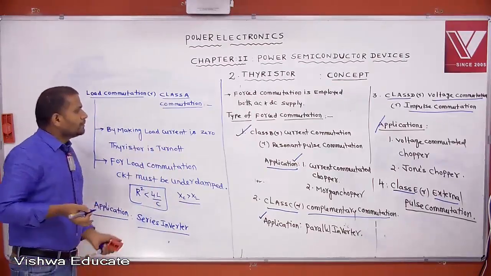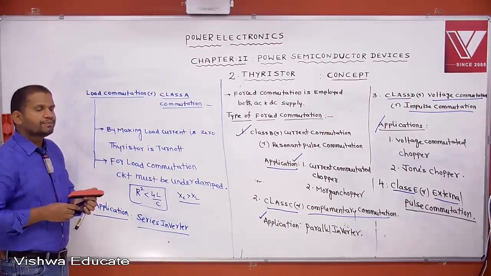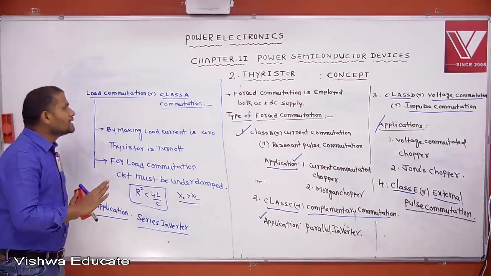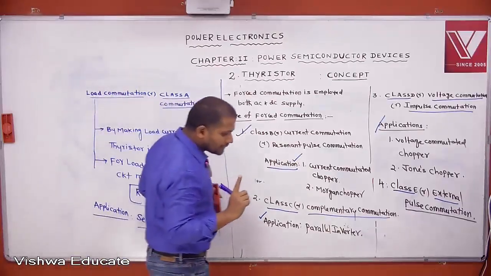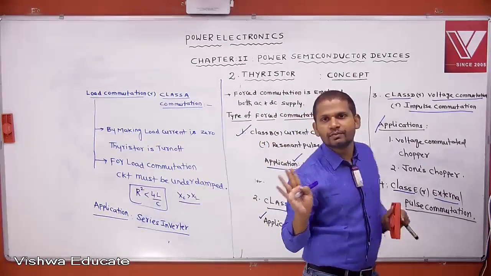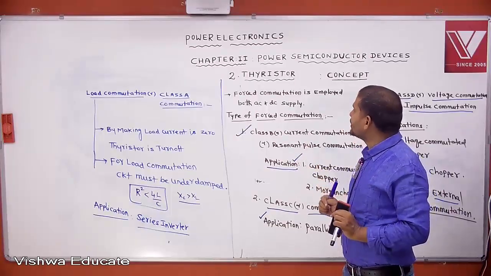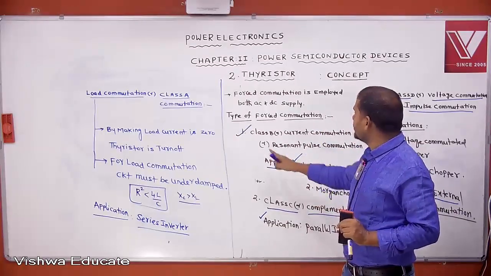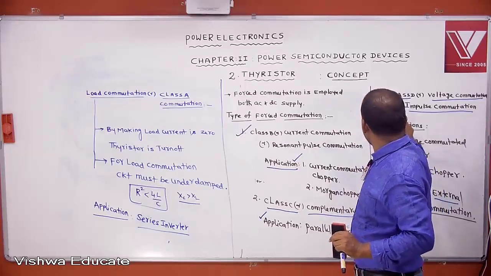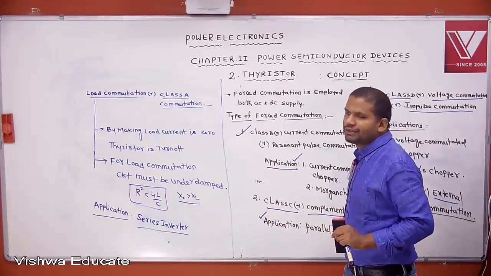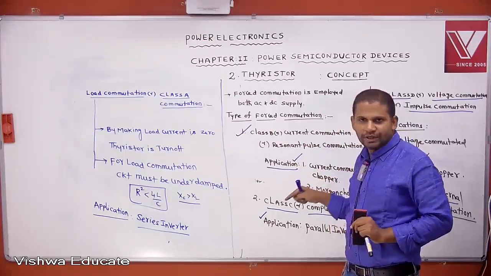This is about the different types of commutation methods we are using in thyristors. In detail I explained only line commutation, which you saw by waveforms. The remaining methods in forced commutation are class B, class C, class D and class E. That is, B, C, D, E are forced commutation methods.